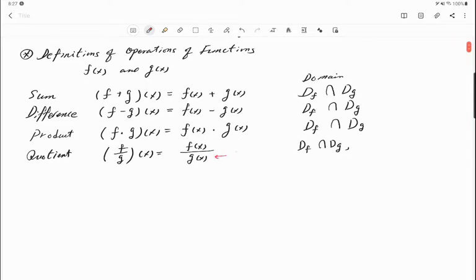We know that the denominator cannot be equal to 0. So in this case, g of x should not be 0. That means all the x values that make the denominator 0 are not included.